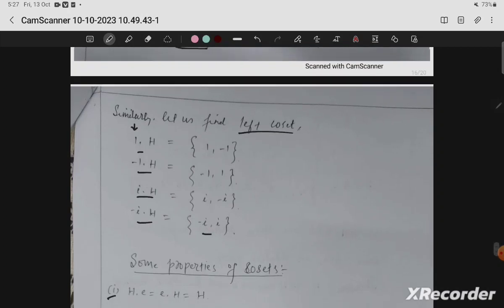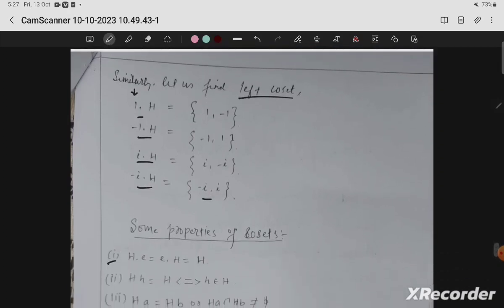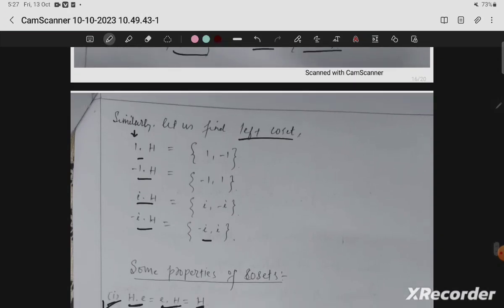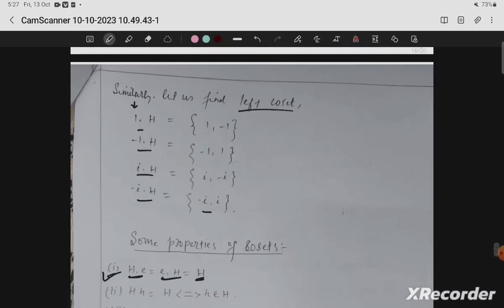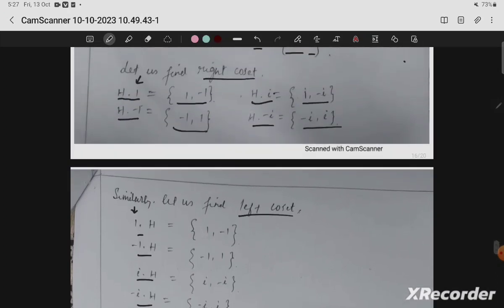Now using this result, we will verify some properties of cosets. The first property is He equal to eH is H, or He is equal to H, and eH is equal to H. So we will verify this property using the solution of left and right cosets. We will see the right coset first.